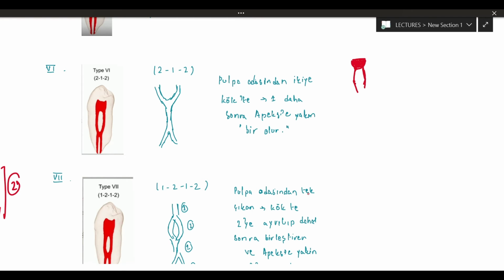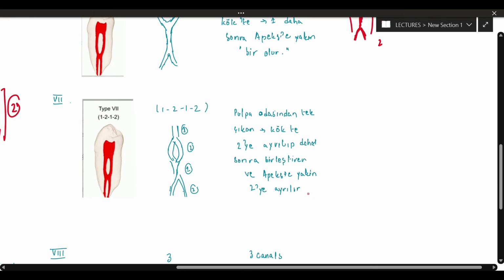During their movement to the apical foramen, they combine, they converge, form a single canal, and on reaching the apical foramen, we know it is from 4 to 7, so it will leave the apical foramen as two separate canals. Okay, 2 1 2. This is our class 6 classification.